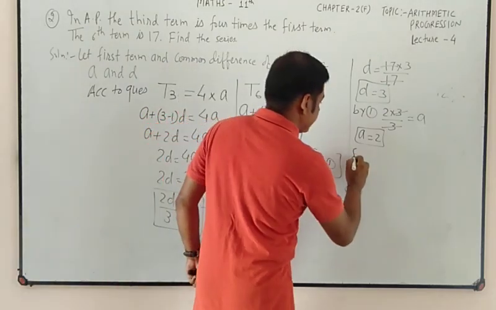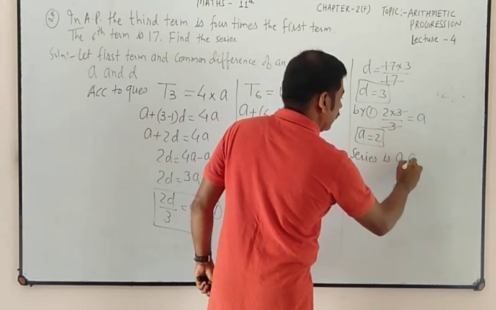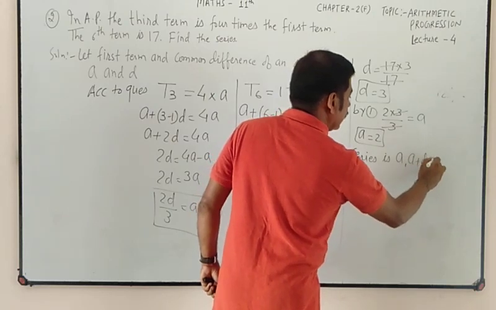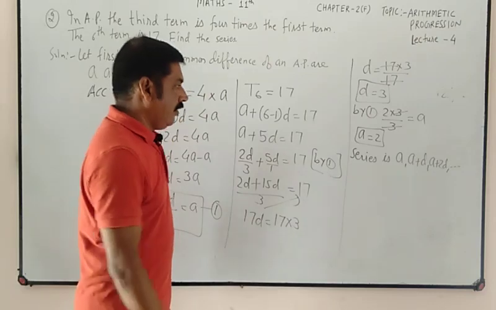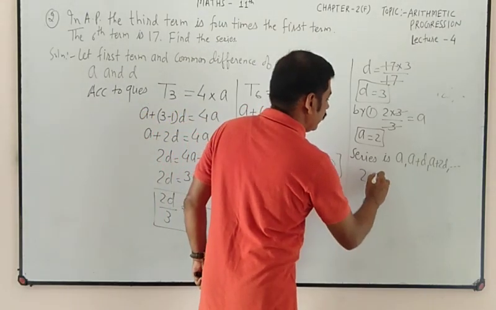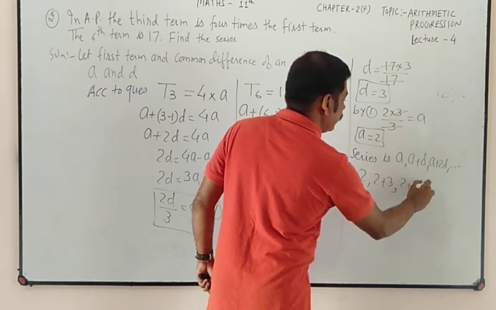So the series is a, a plus d, a plus 2d, and so on. Now a is 2: 2, 2 plus 3, 2 plus 2 into 3.